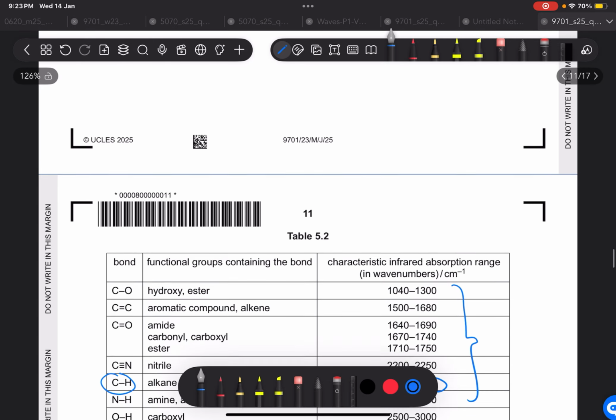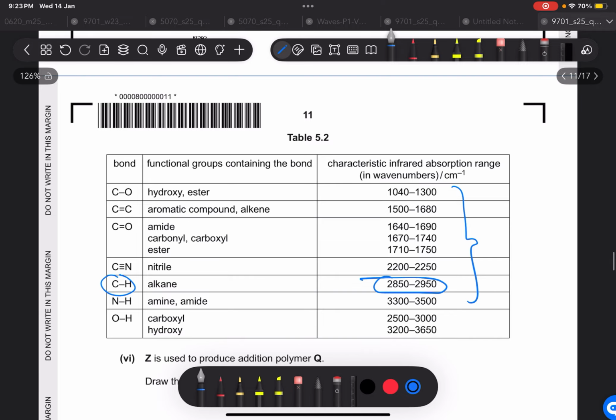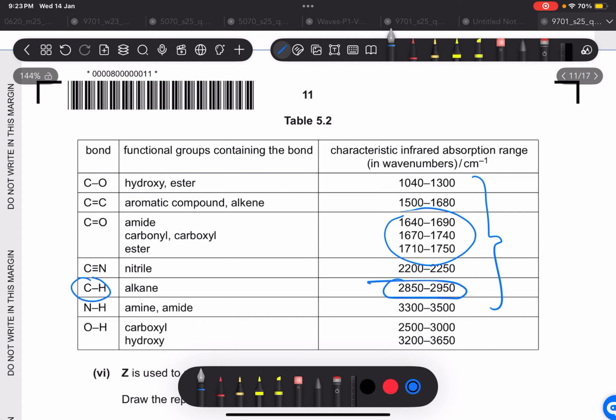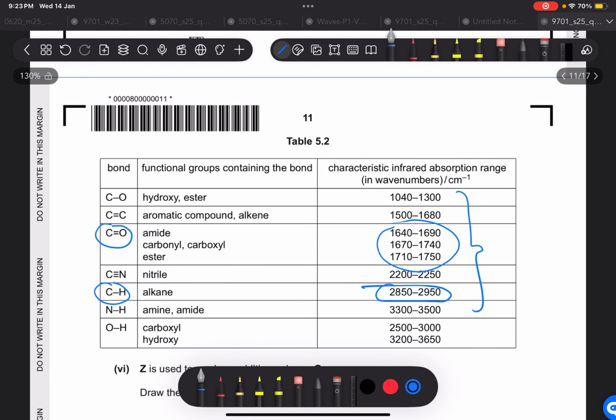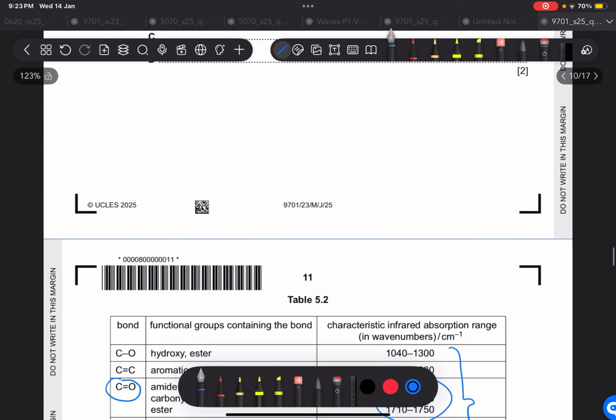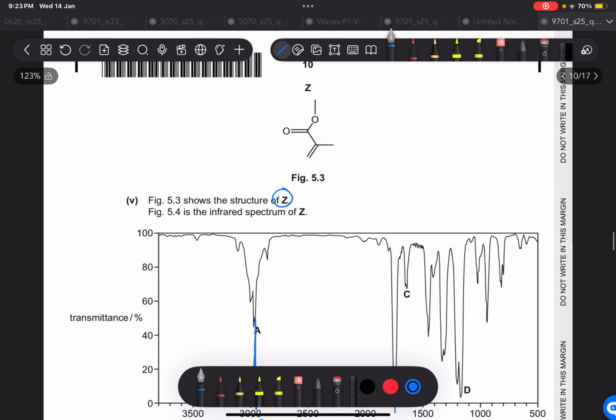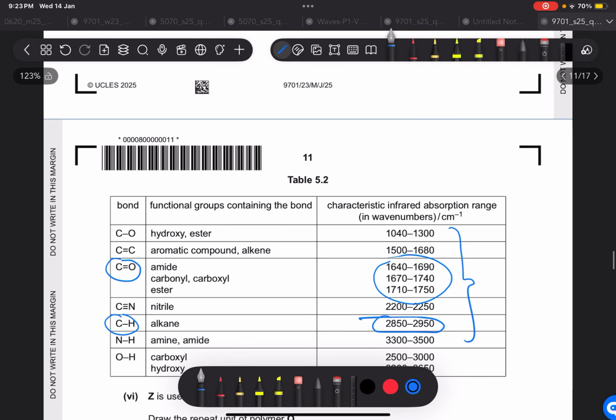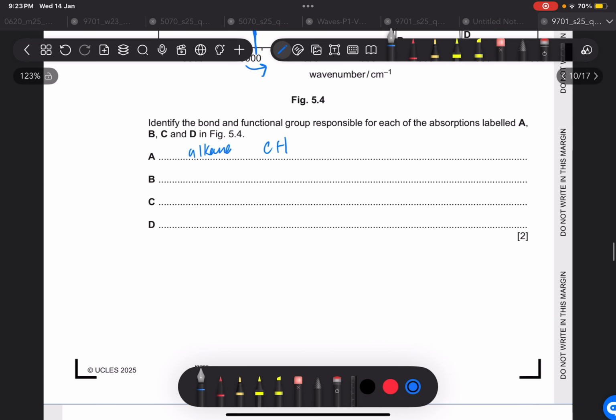So let's see. Between 1500 and 2000, we have all this thing between 1500 and 2000. So it's C double bond O, or an amide carbonyl, or ester carbonyl, carboxyl, or ester functional group containing the bond. But we're specifically over here talking about the ester bond, because this does not have amide or carboxyl. So we're talking about ester here.